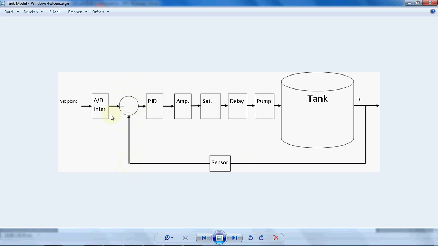In this summation point, these two values are summed up, and the result, which is called error, comes to our controller. In this case, you put a PID controller here.